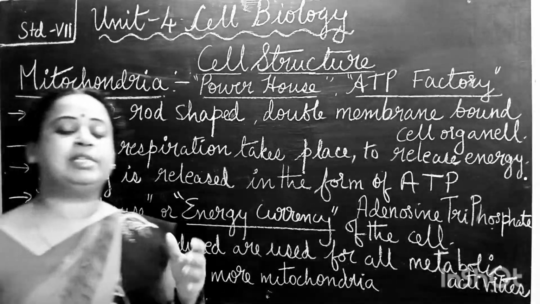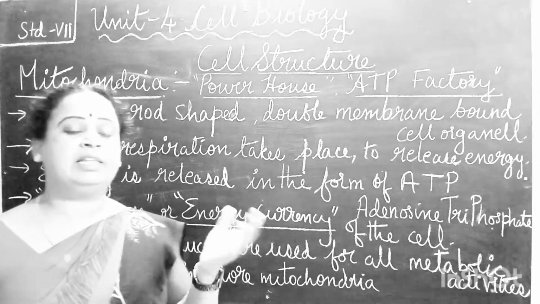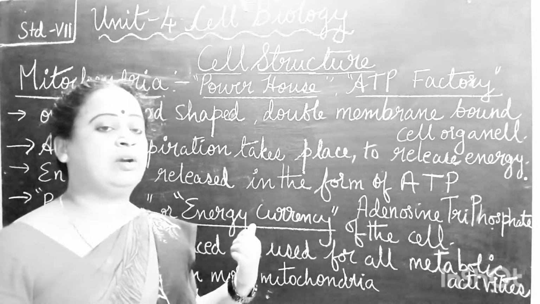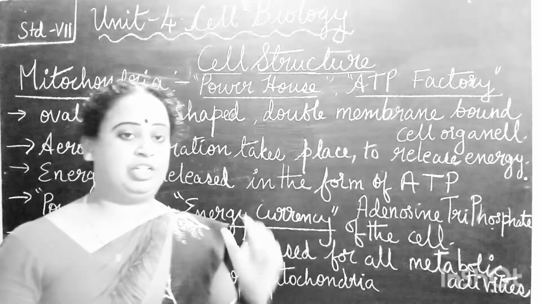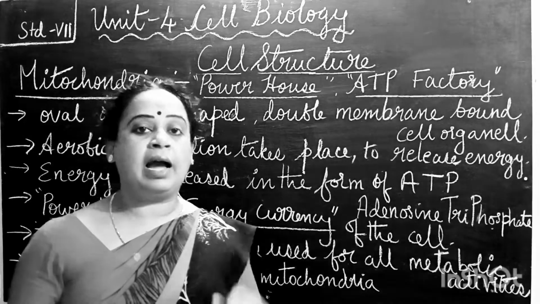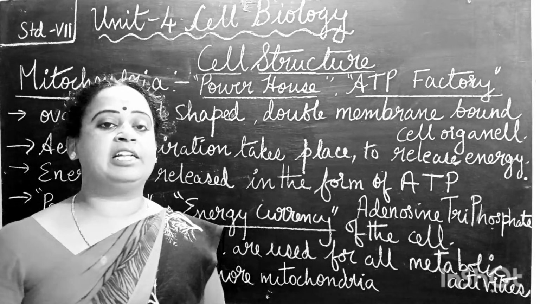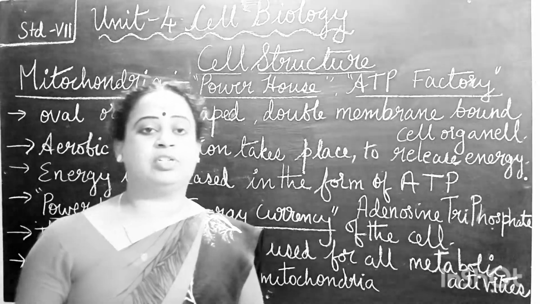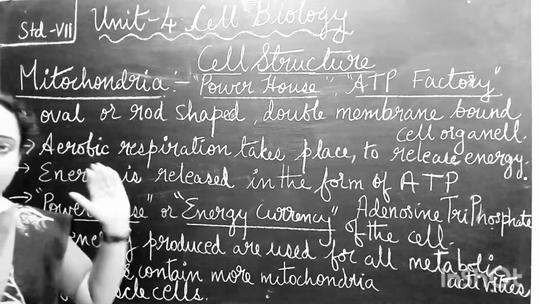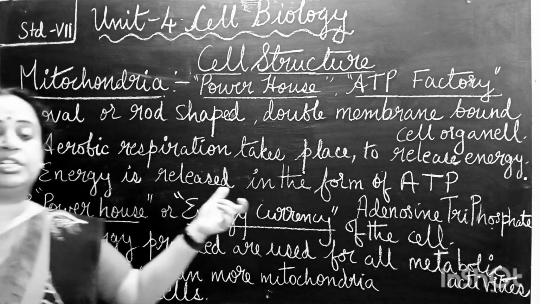Whereas in some cells like yeast cells, respiration takes place in the absence of oxygen, and that is called anaerobic respiration. So in mitochondria, aerobic respiration takes place.